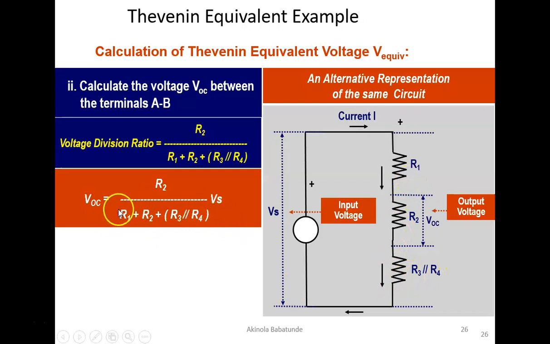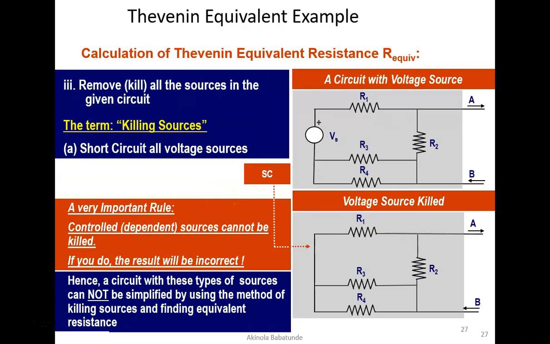And since we're looking for VOC, and we know VOC is also equal to V2, it simply means that VOC, equal to V2, will be equal to R2 divided by R equivalent multiplied by the voltage source in the circuit, or the input voltage. If we do that, we will have obtained our VOC, or the open circuit voltage.